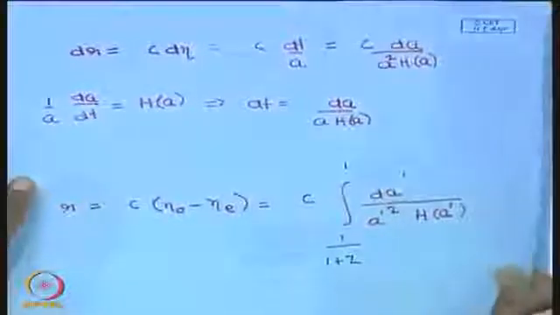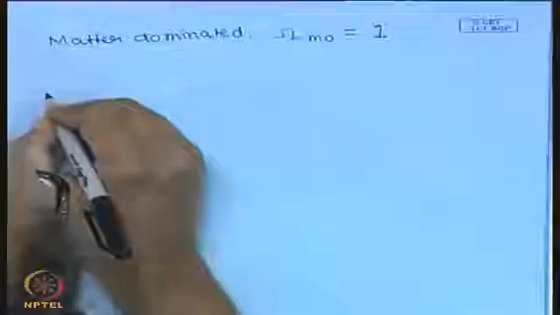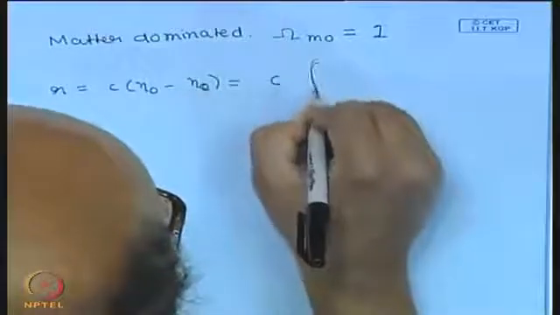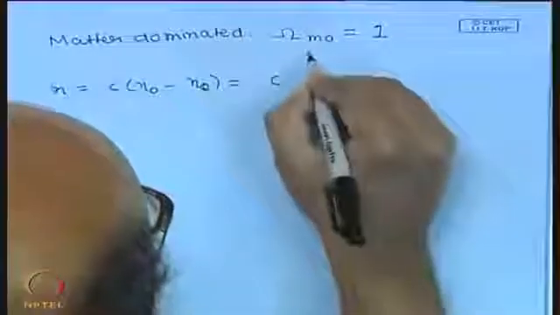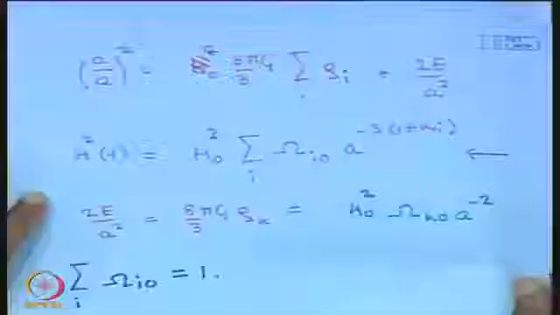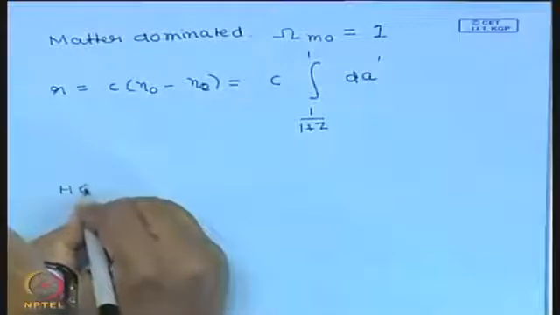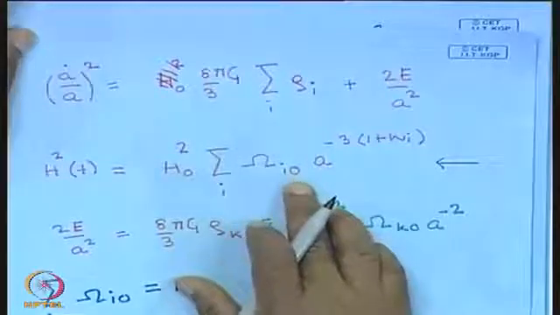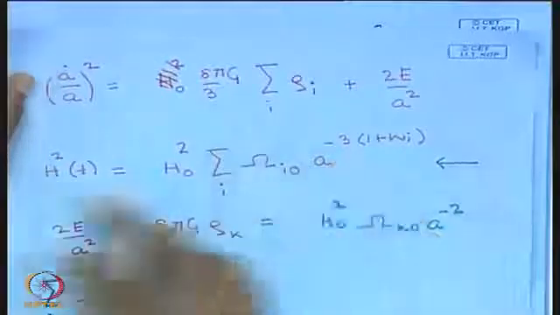So, let me write down H of a prime first. H of a prime is equal to H naught, omega matter naught is 1, and I have a to the power minus 3 by 2 because I have to take the square root.